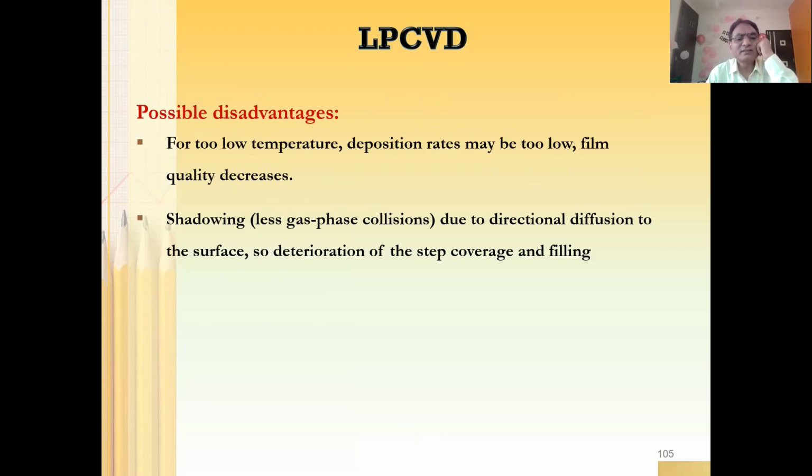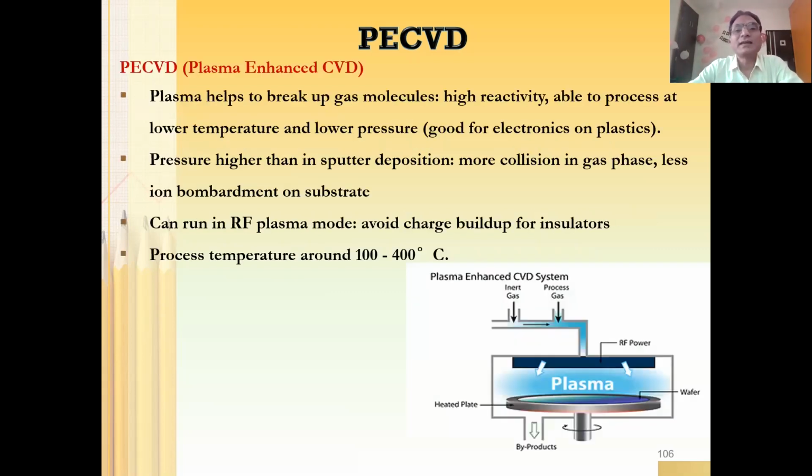Shadowing, less gas phase collision. Due to directional diffusion at the surface, deterioration of the step coverage occurs, because this is another issue as far as LPCVD is concerned. Shadowing is another issue as far as LPCVD is concerned.